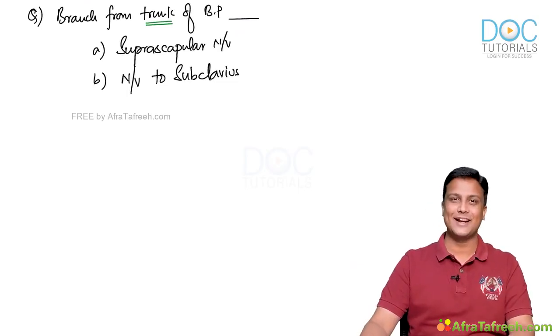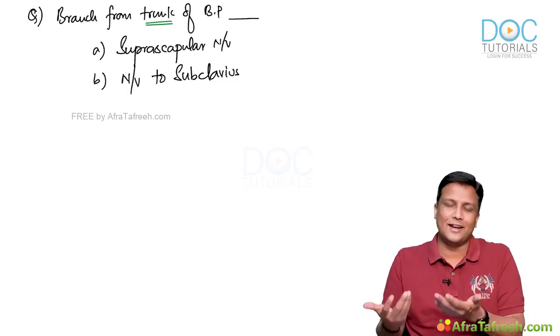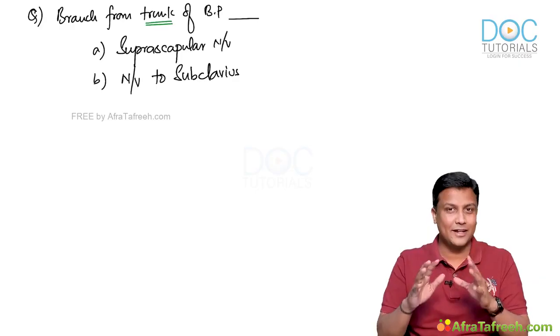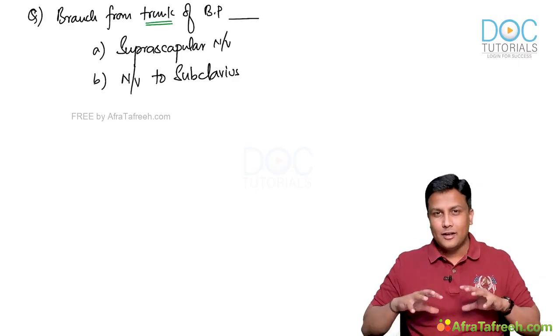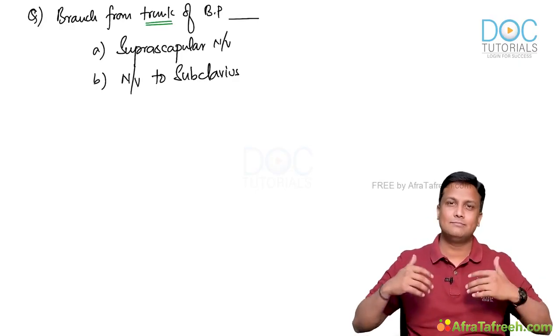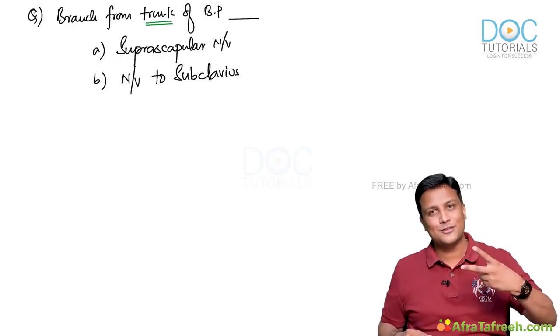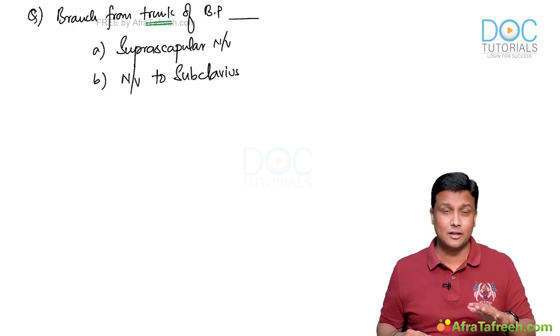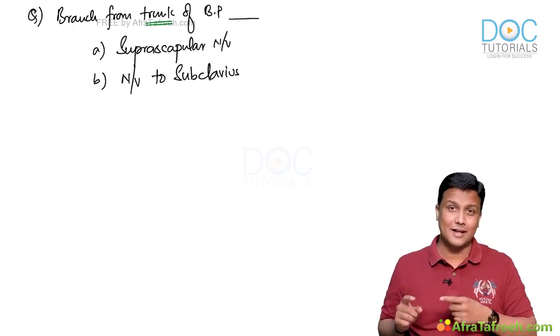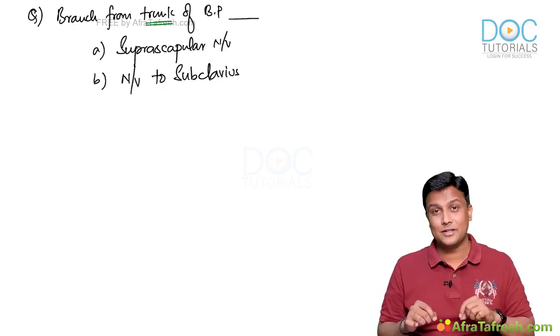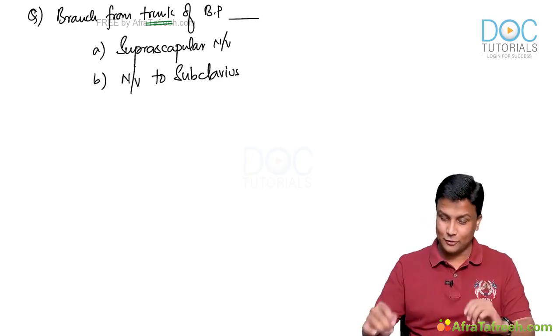I hope now you're understanding my intention here. So we don't need the other options, guys. What I'm trying to tell you is that in the class, we taught you that the upper trunk will give you 2 branches, suprascapular nerve and nerve to subclavius. But in the exam, they have given both the branches in the options. Now what to do with these kinds of things?